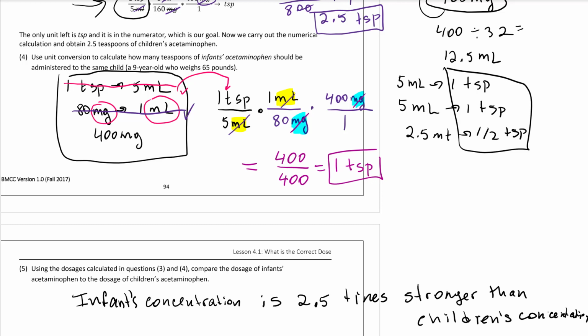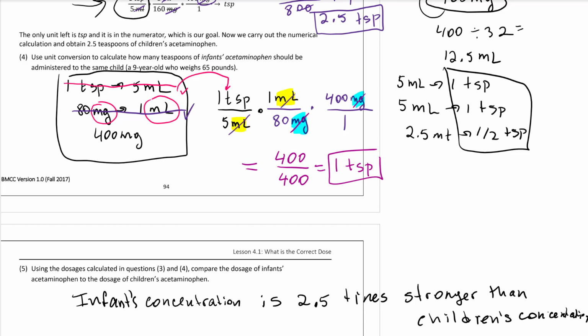You have to hold an infant a certain way, and then you have to put that medication in the mouth in a way that the infant wouldn't spit it out. So it's complicated. That's why the smaller the amount you give, the easier it is to administer. So that's why they're making it stronger.